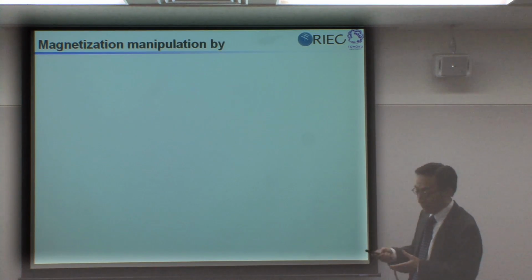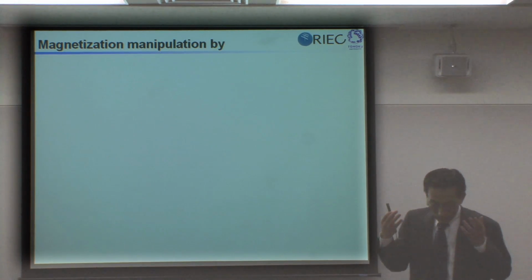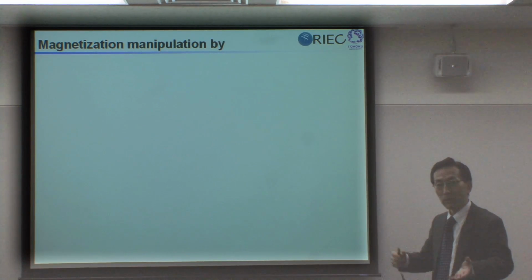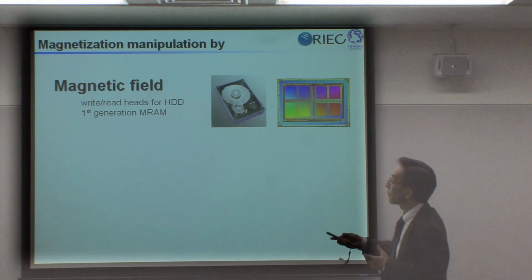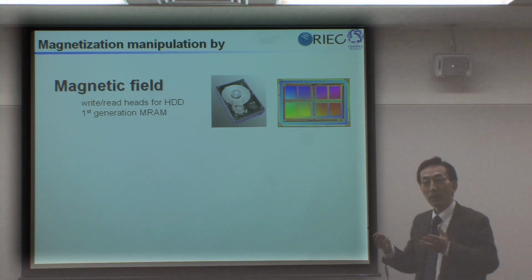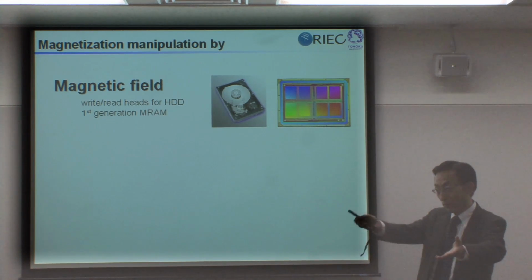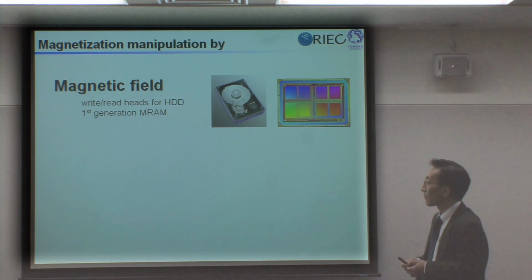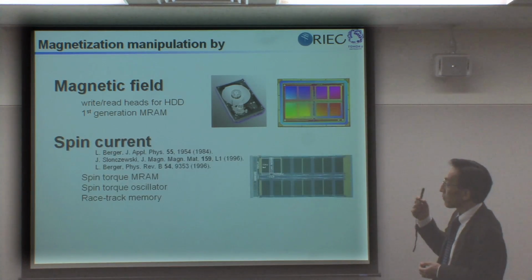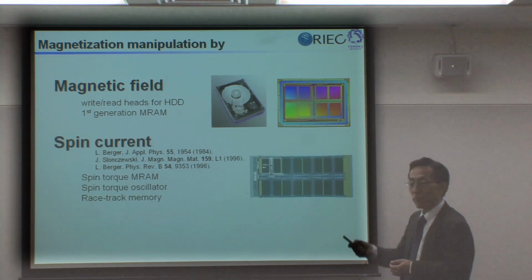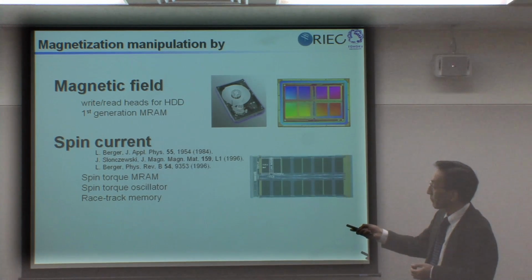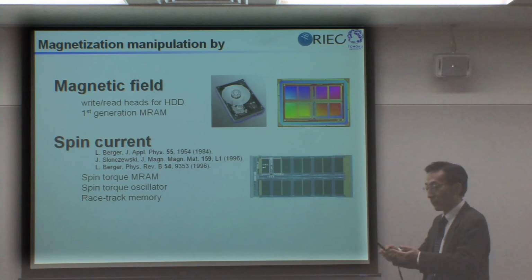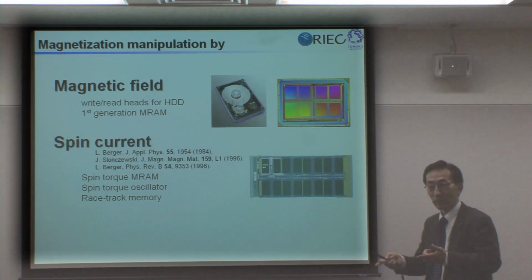Which means that first of all, we need to change the magnetization direction in many cases. And the first thing we used was a magnetic field. Like in your hard disk drives, we're using magnetic field to change magnetization direction. And if you want to do it electrically and it's less power hungry, you use spin current or spin polarized current that we're using to change the magnetization direction of magnetic tunnel junctions.